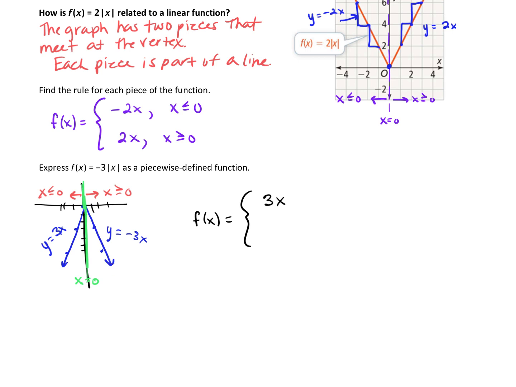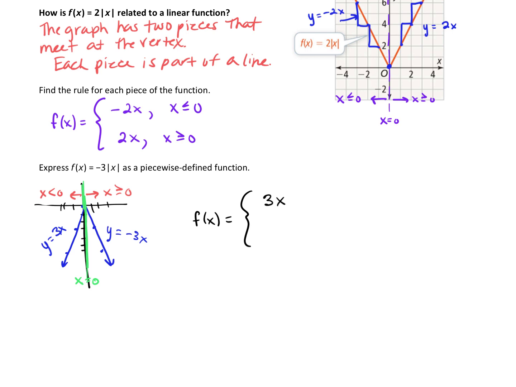So what I'm talking about is this is going to be a greater than or equal to 0. And this side, we're going to switch that to just a less than 0. Again, the reason for that is just that when x is a 0, it can't be part of both functions. It can only be on one of the functions. So we can't say that they both equal 0 on the left and on the right.